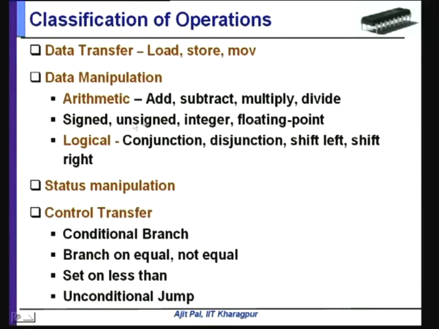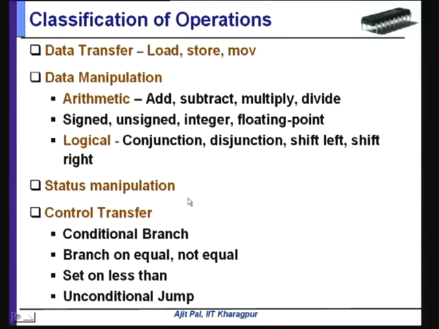So you can have unsigned addition or signed addition, signed multiply, unsigned multiply, integer multiply, or floating point arithmetic operations. So you have got several alternatives. Similarly, you have got logical operations like conjunction, disjunction, shift left, shift right, and, or. These are the various data manipulation operations where you are manipulating the data, and the value of the data is changing. Then there are some instructions which are known as status manipulation. What do you mean by status manipulation?